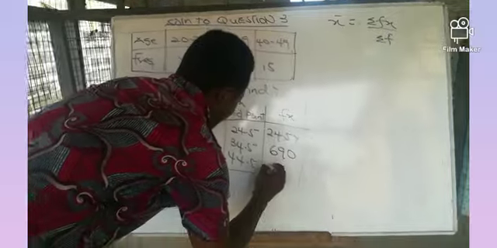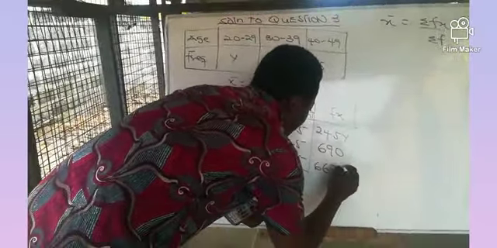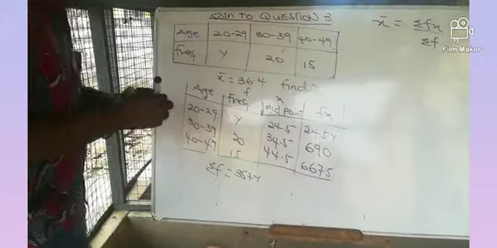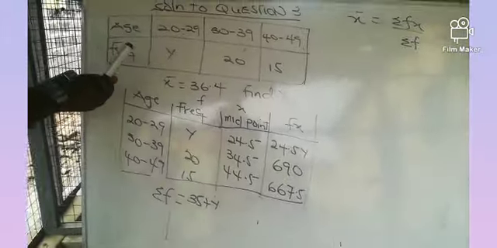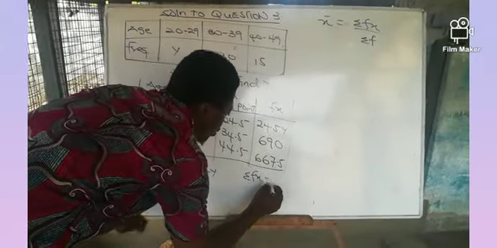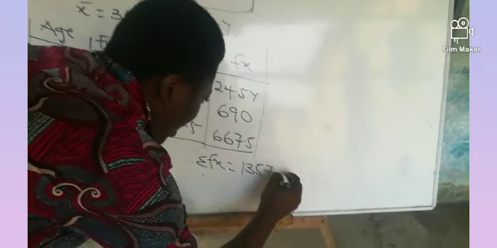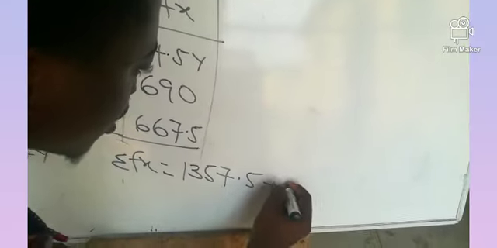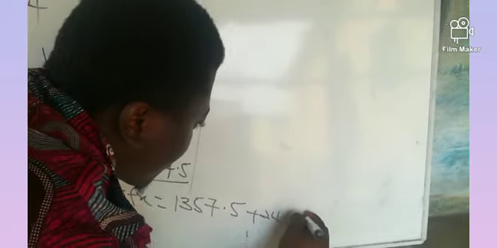That will give us 667.5. So the summation of fx is going to be 1357.5 plus 24.5y.